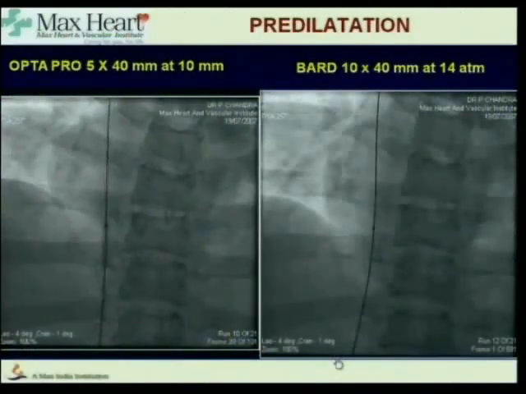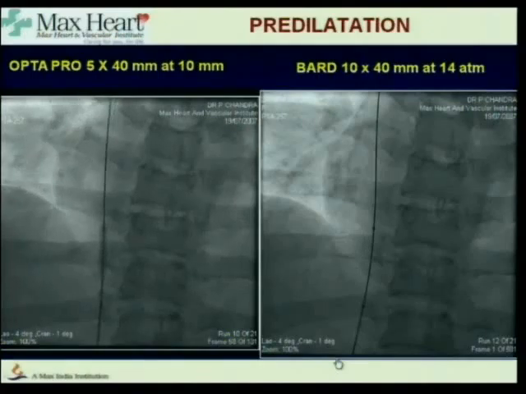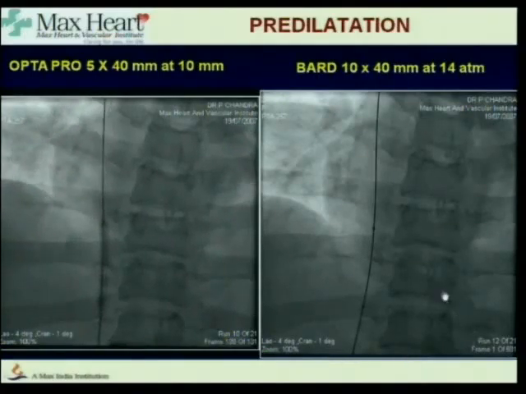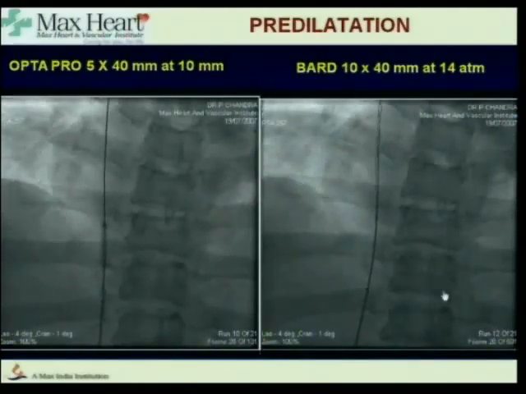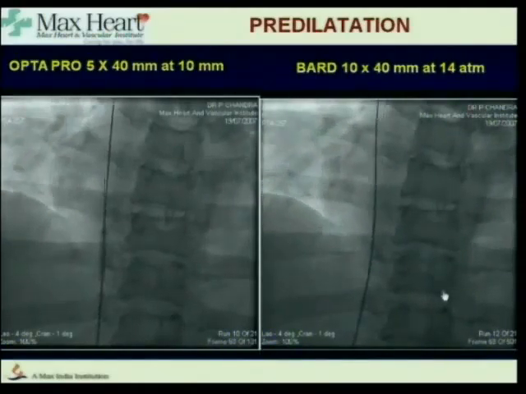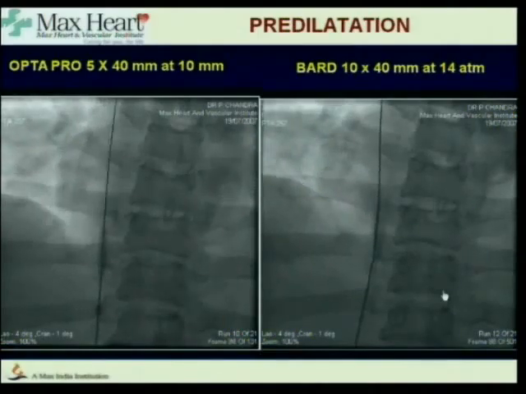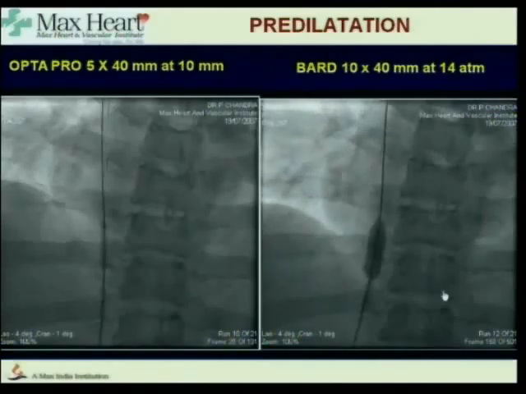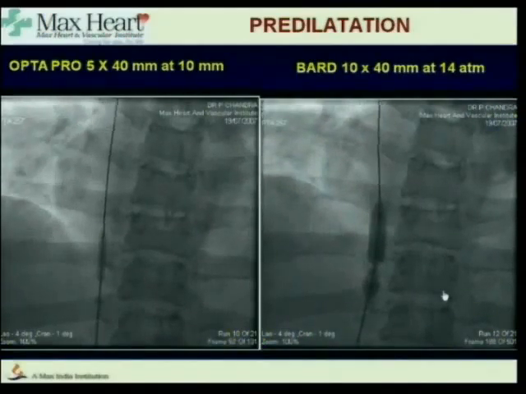We then pre-dilated this lesion with an OptaPro 5x40 peripheral balloon at 10 millimeters, and then upgraded to a 10x40 millimeter balloon at 14 atmospheres. One could see the lesion giving way with the pre-dilatation balloon.